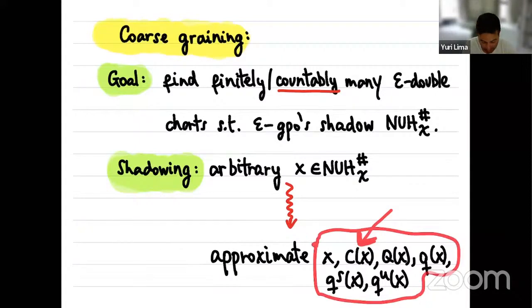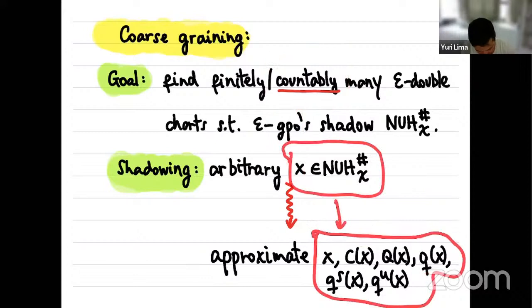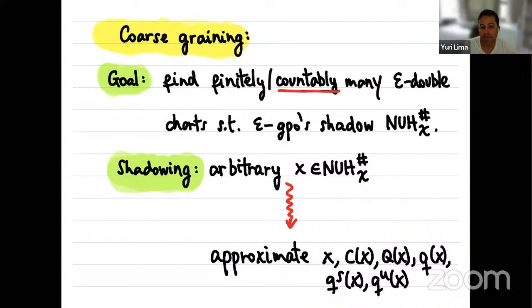But we want this dense subset to be countable. So the goal here is to pass from this uncountable set that is associated to all of these parameters and obtain a countable dense subset of it. So how can you pass from uncountable to countable and dense?